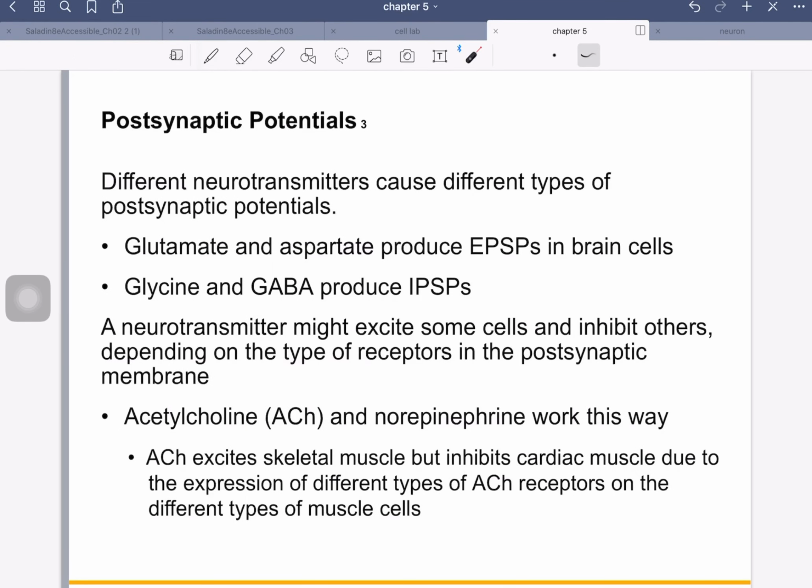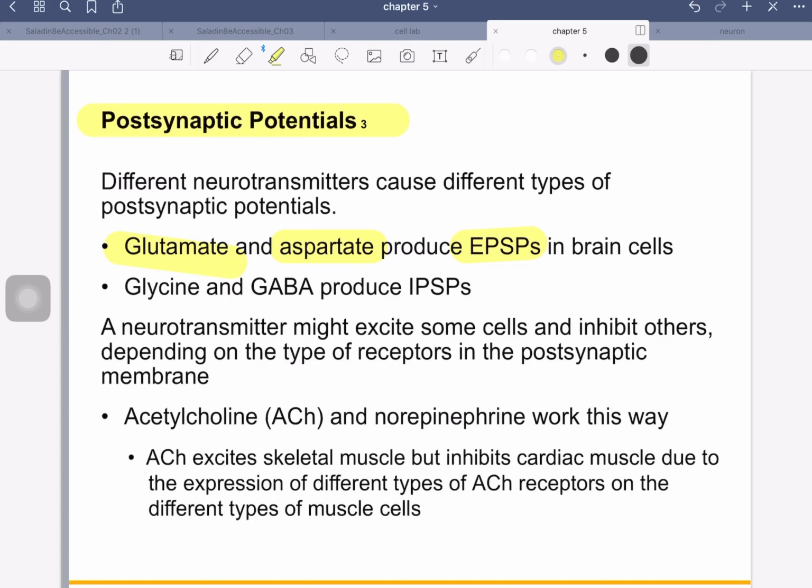So when we're looking at postsynaptic potentials, different neurotransmitters can cause different types of postsynaptic potentials. For example, glutamate and aspartate can produce excitatory postsynaptic potentials. That's what this stands for, EPSP, in the brain.